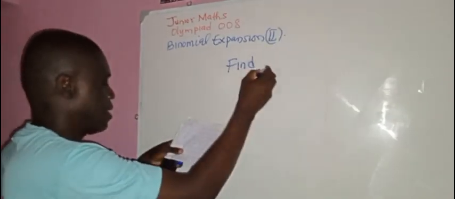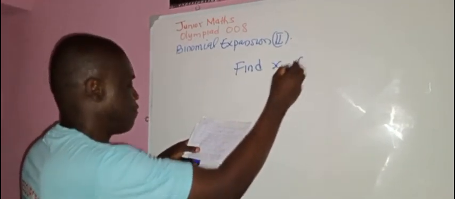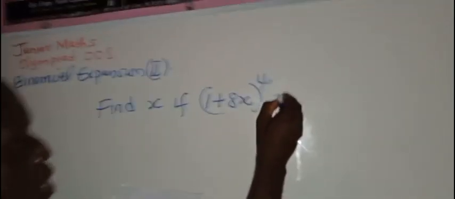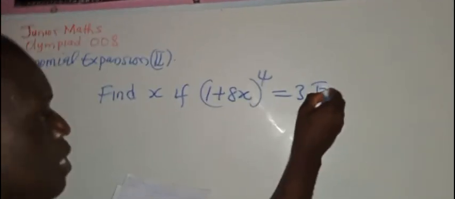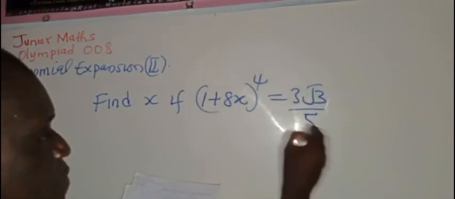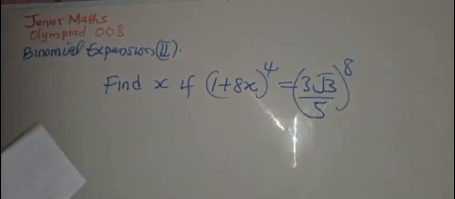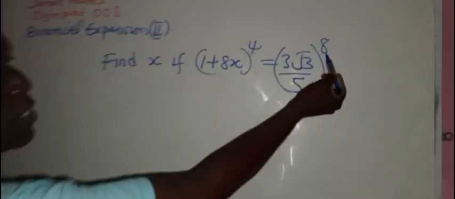Question number 1. Find x if (1 plus 8x) raised to the power 4 equals (3 root 3 over 5) raised to the power 8. Well, this one, we don't even need to go into details because if you look at this, the exponent here is 4, the exponent here is 8.